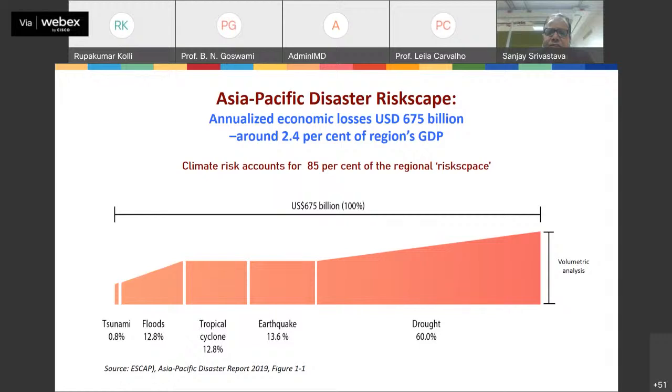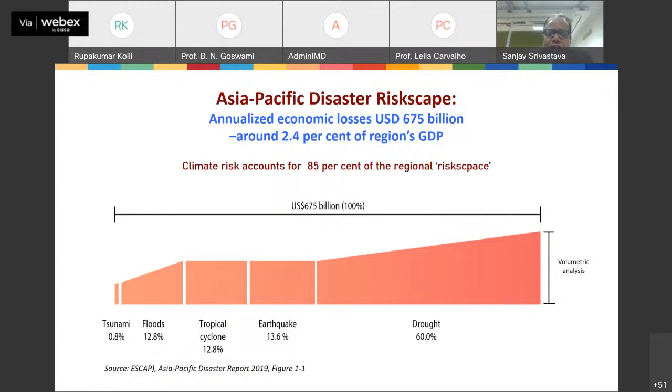If you monetize the risk, the Asia Pacific region loses $675 billion per year. This is the annualized average loss, which is 2.4% of Asia Pacific gross domestic product, GDP. This is the growth engine of the world, and 2.4% losses is quite substantial, not sustainable. It's not good for achieving the sustainable development goals in days to come.